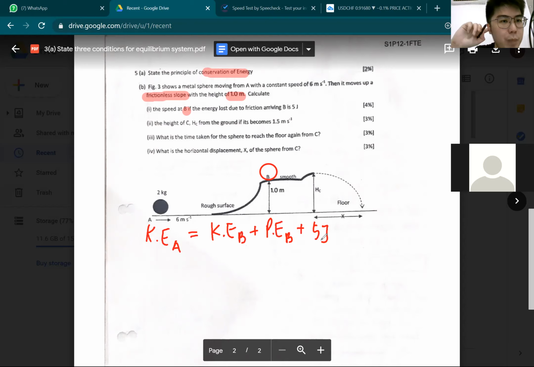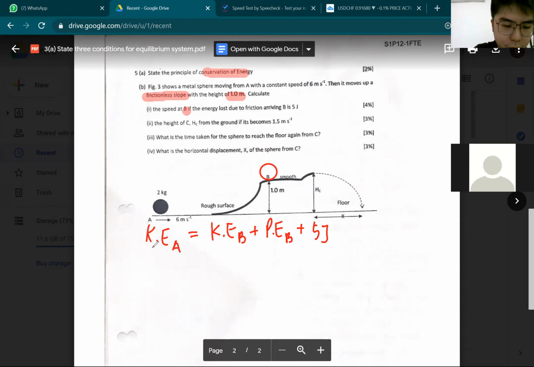Based on the conservation of energy, all energy has to be converted to another form. Of course there's loss, but you have to equate it in the formula. So that's how we get this equation. Then the rest is just putting in the formula.